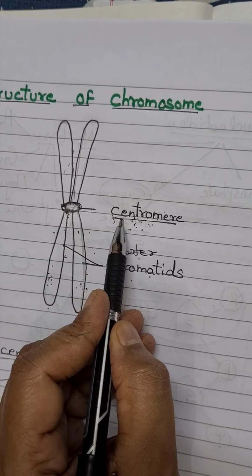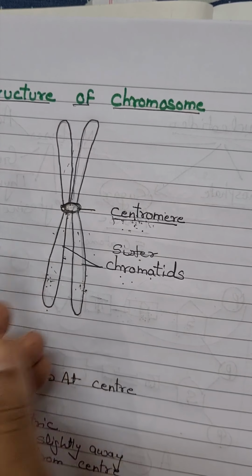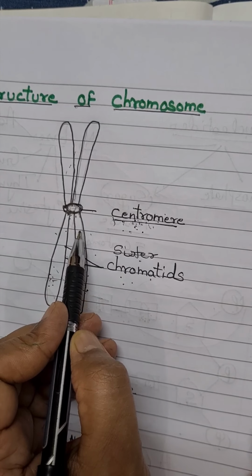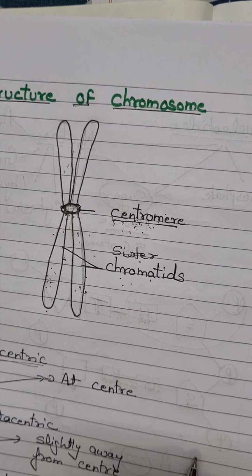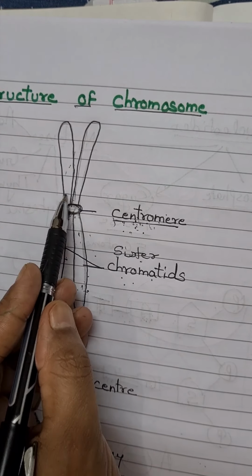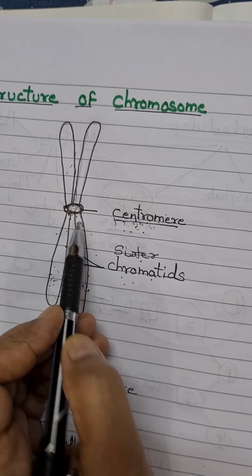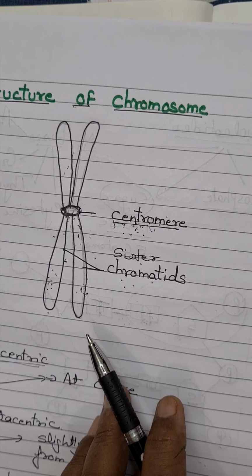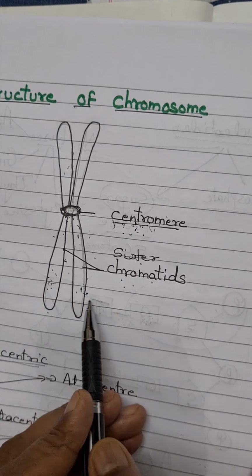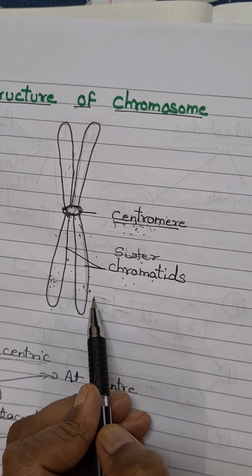So the centromere is not only the point of attachment of these two chromatids, it is the point where spindle fibers attach to the chromosome during cell division, and when those fibers contract, they separate the two chromatids. Once separated, they are equally distributed in the two daughter cells formed after division.